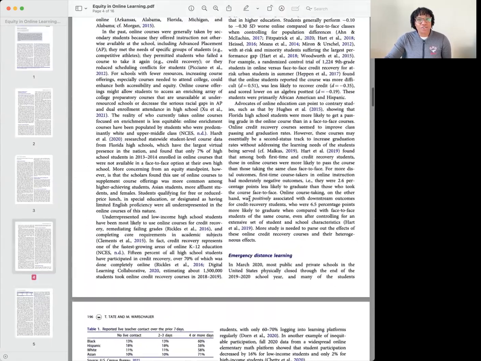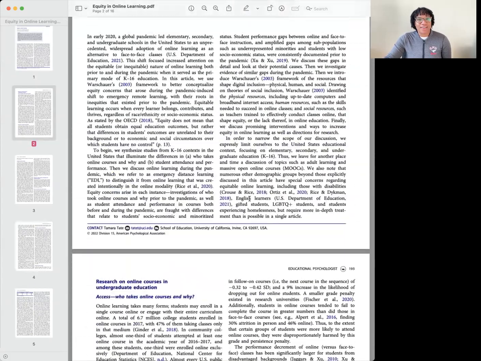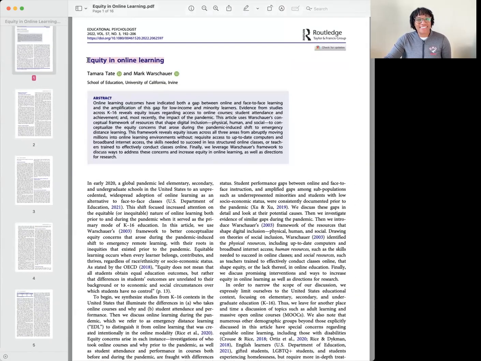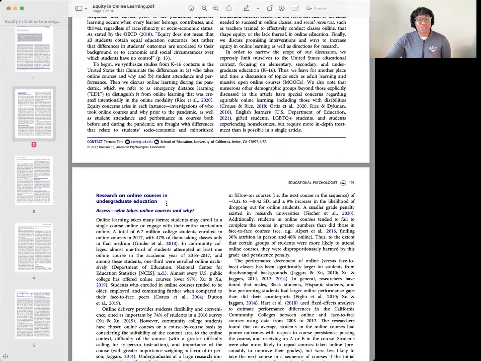So you want to go through the same process that we did with the title, which is a topic. You want to apply that same questioning skill to the subtopic. For instance, in this case, you have research on online courses in undergraduate education. That is the subtopic. I would want to take this subtopic and question it.